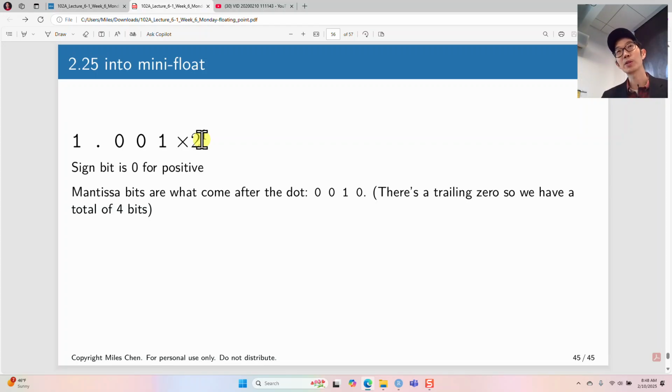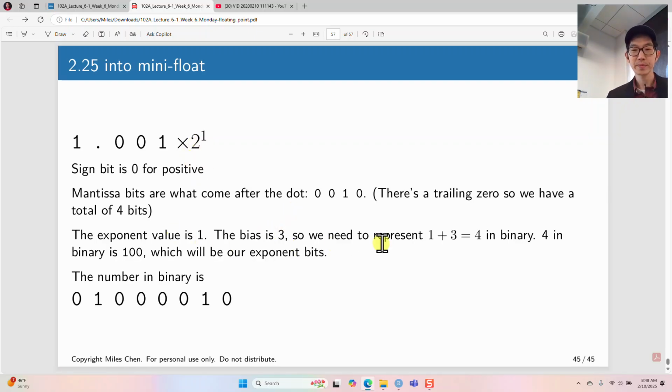So 4 in binary is going to be 100. So our number in binary, 0 for the sign, 100 for the exponent, and 0010 for the mantissa bits. And this is going to be how we store a number in our floating point.